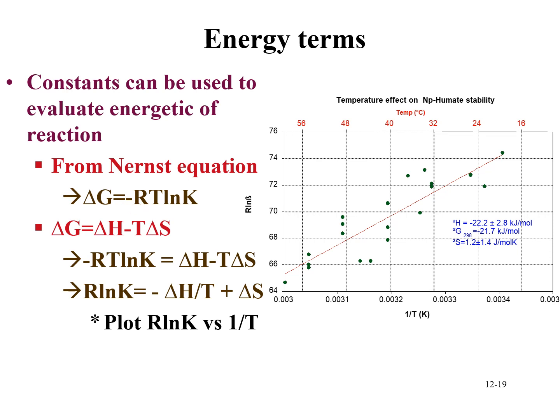So here's an example of some experimental data of the complexation of neptunium with humic acid. We've measured the complexation constant, and what we're plotting is R times the natural log of the complexation constant against the inverse of the temperature. If I took these two equations and rearranged them, I can get R ln K is equal to minus delta H divided by T plus delta S.